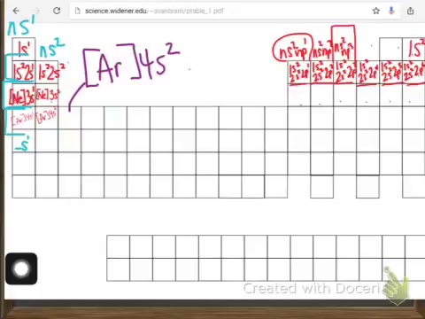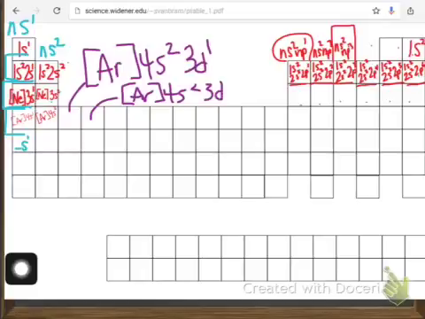So this is going to have 4s2, 3d1. Guess what this one's going to have? Argon plus 4s2, 3d2. Hey, you people are clever critters. I keep saying that.